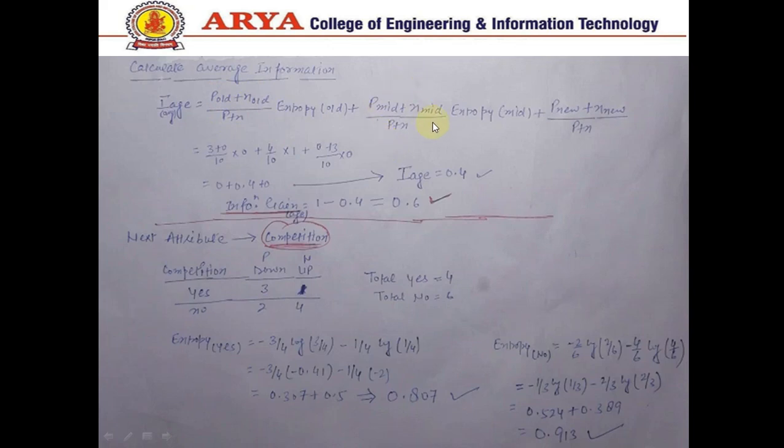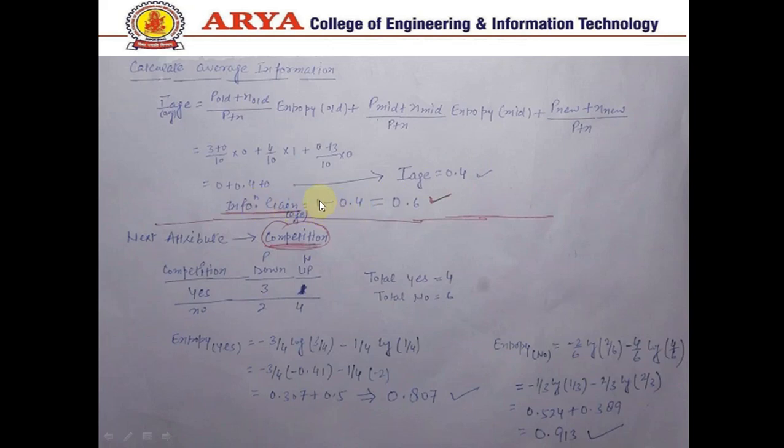So calculate average information. We have already seen the formula. So average information for the age attribute is P of old plus N of old by P plus N into entropy of old. In the same manner, P of mid plus N of mid by P plus N into entropy of mid. And in the same way, P of new plus N of new by P plus N into entropy of new.